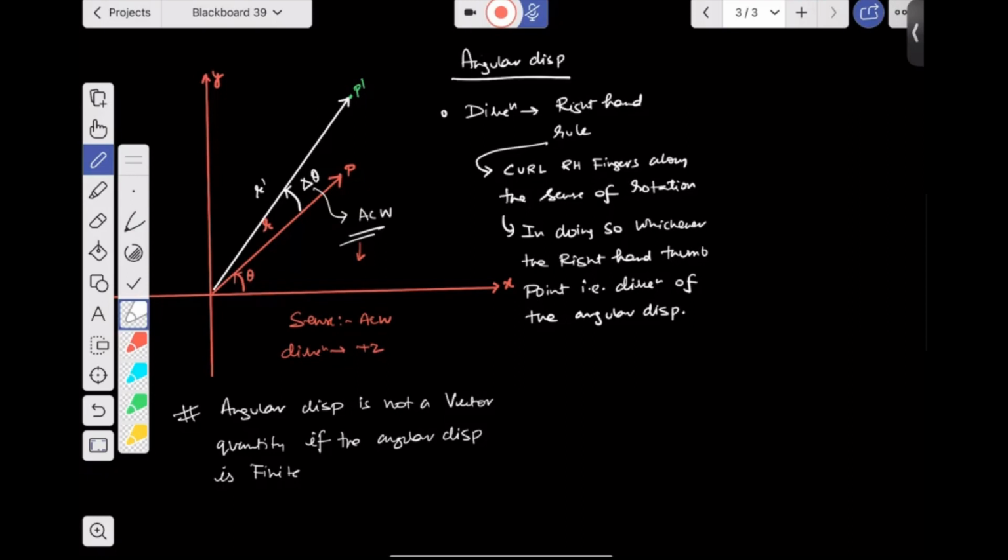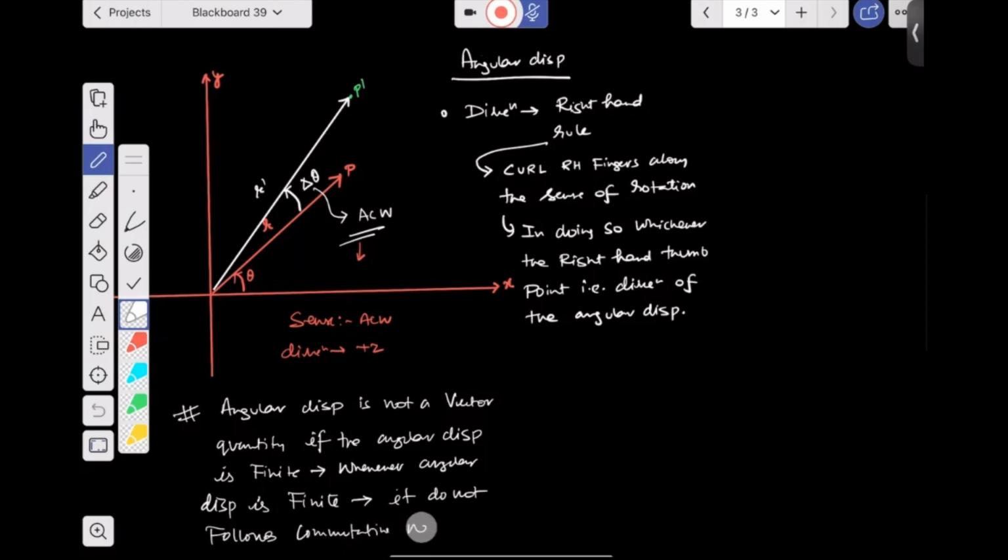The reason is, whenever the angular displacement is finite, it does not follow the commutative nature of vector addition.